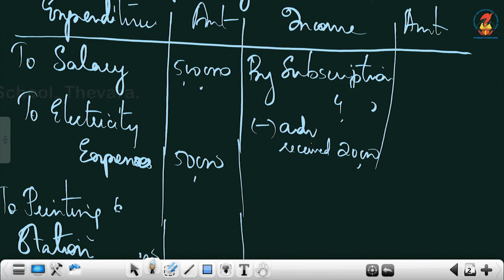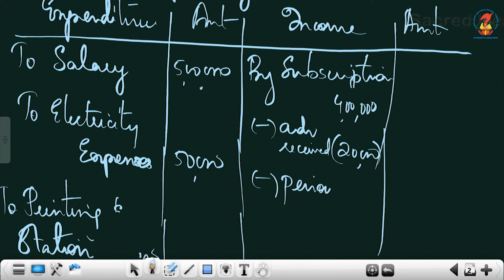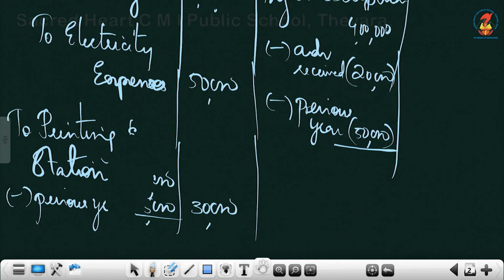This is 4 lakhs. So less 20,000, then less previous years. Previous year's amount is 50,000. This is for previous years. Okay, so this 50 and 20 we have to less.